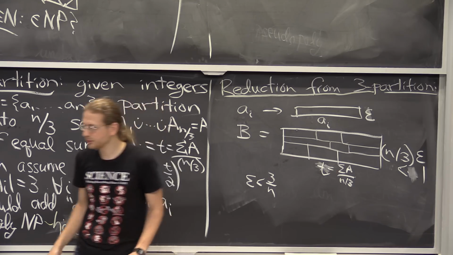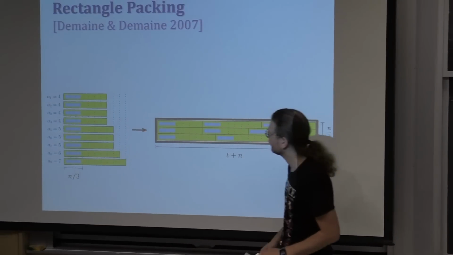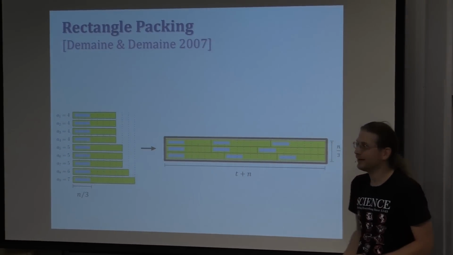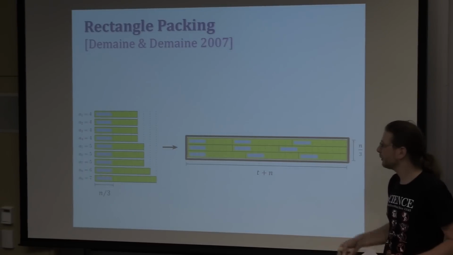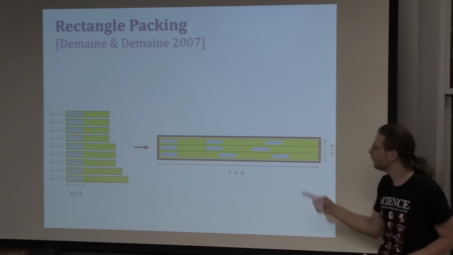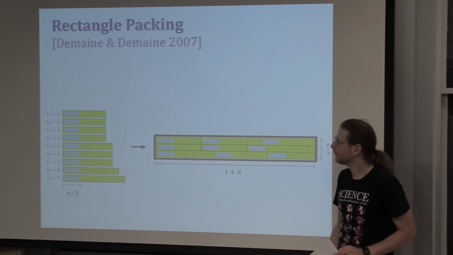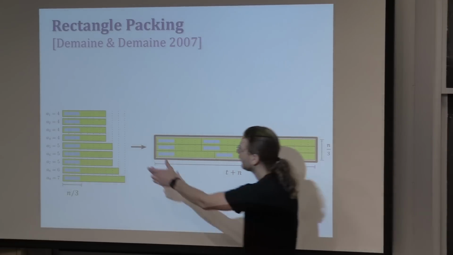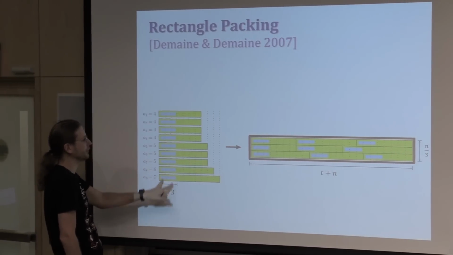In fact, you can be a little simpler, and I drew this diagram long ago, so I might as well show it to you. You can just add n over 3 to all your integers. That will also work, under the assumption that you can only take 3 numbers and add them up, then you will always be adding 3 times n over 3 horizontally. The a_i's here are the yellow part of these rectangles, and then we're just adding this fixed n over 3 to all of them.